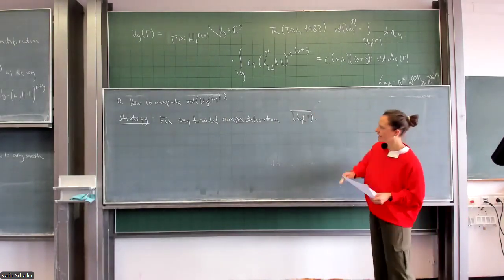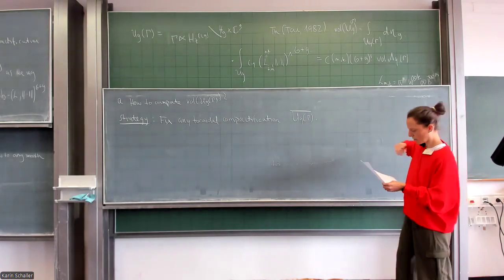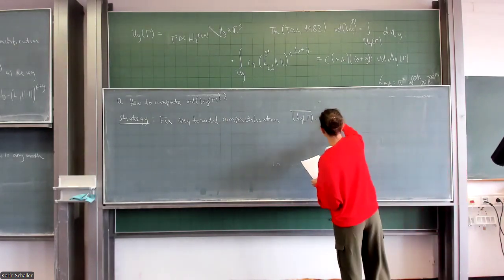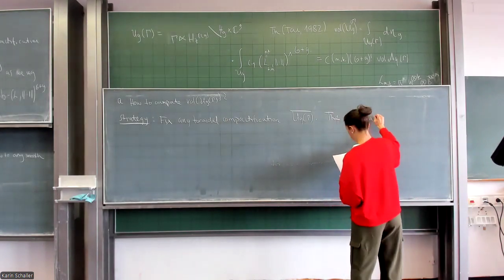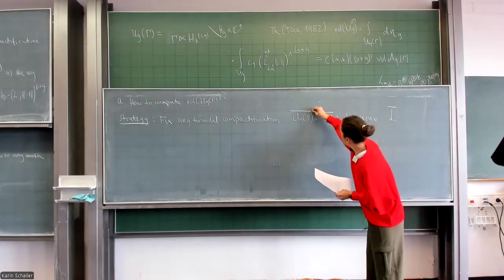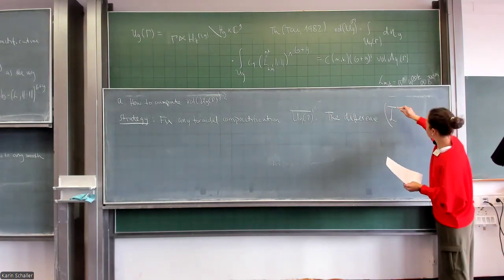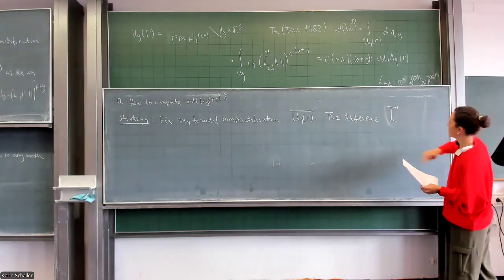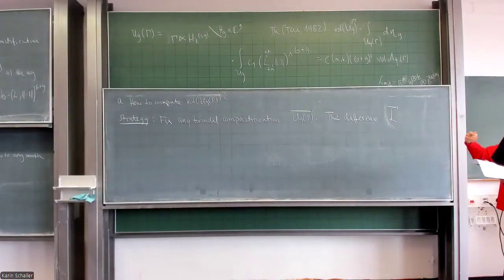On this compactification, I extend my line bundle in a metric way to this compactification, and then I'm going to look at the difference. Let me fix one of these compactifications. Now, before I take intersection numbers, as I said, you're varying only the boundary, so on the interior, you're always staying the same.